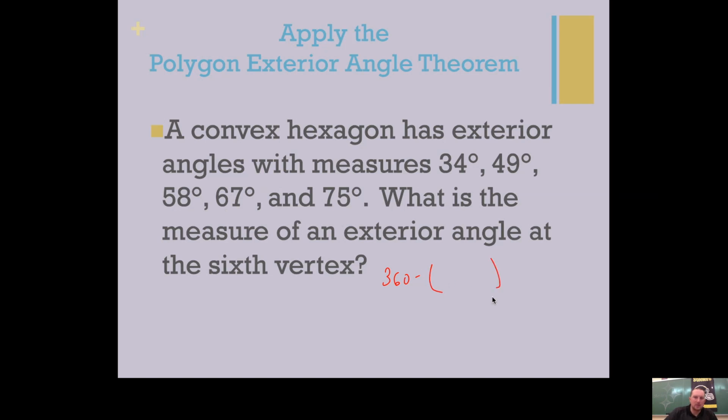We got a 34, a 49, a 58, a 67, and a 75. That gives you 283 degrees in your exterior angles. We know it has to be a sum of 360. So we're doing 360 minus 283. Gives you 77.